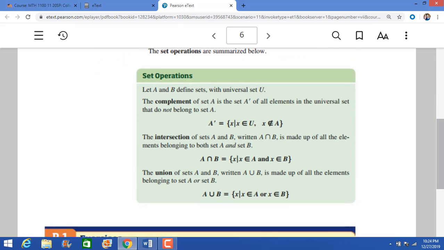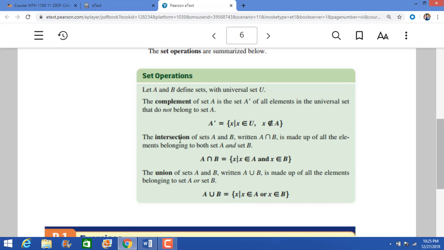So here are the set operations. We're going to let A and B define a set and U is the universal set. The complement of A is written A prime, and it represents all elements in the universal set that do not belong to A, and we represent it this way.